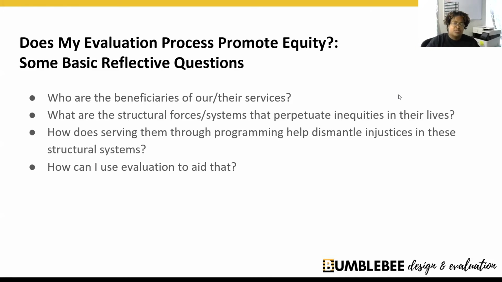What are the structural forces that perpetuate inequities in their lives? How does serving them through programming help dismantle injustices in the structural systems? And how can I use evaluation to serve that, to really work toward dismantling inequities?